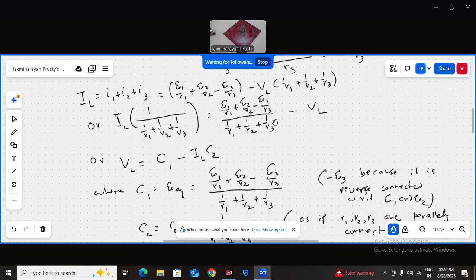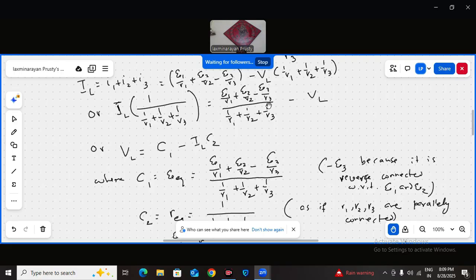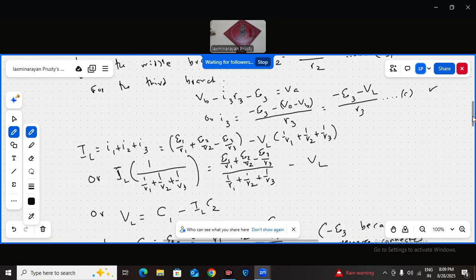I want to write it in this manner. So in that case, this is my C1 and this is my C2. You can check that. Yes or no? You must be understanding this very easily.